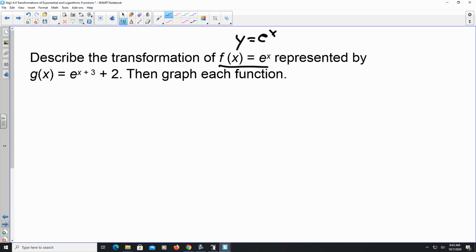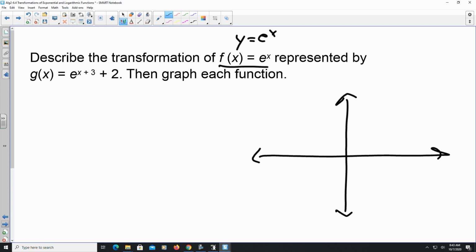Looking at what we talked about with the natural base, this is an example of exponential growth. It would look something like so. This one would still be at 0, comma 1, and this one would be at 1, comma e to the first, which is about 2.7.